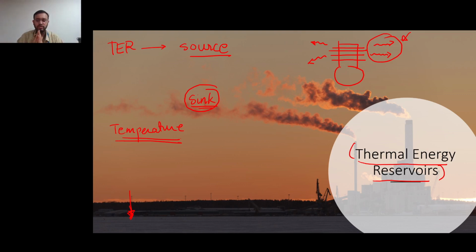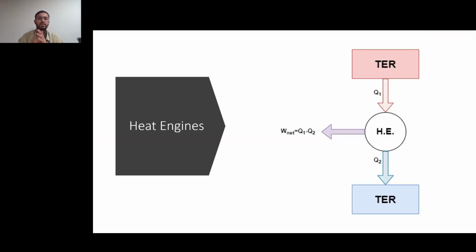Next, we'll be building upon this knowledge. In thermodynamics, we use heat engines. Heat engines are devices which operate in a cycle. They draw in thermal energy from a thermal energy reservoir at, say, T1, a higher temperature, and reject some amount of heat at T2, a lower temperature, to a thermal energy reservoir, and they convert the difference in this thermal energy into useful work.